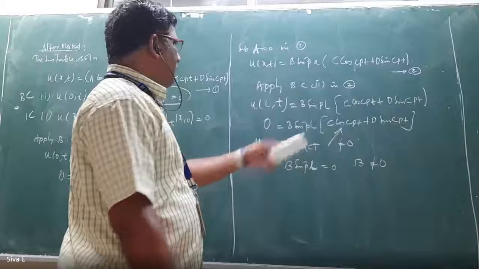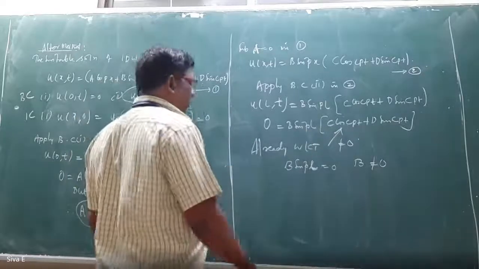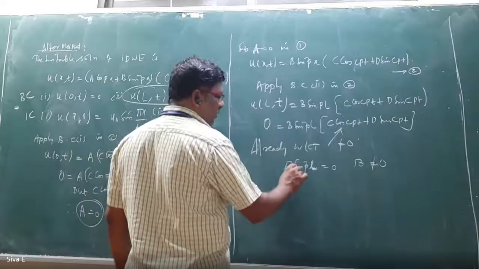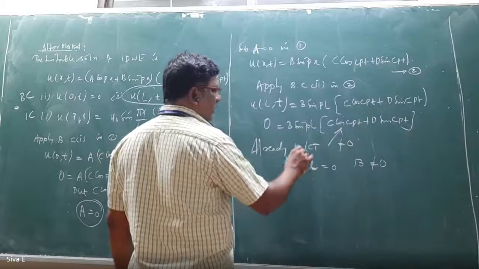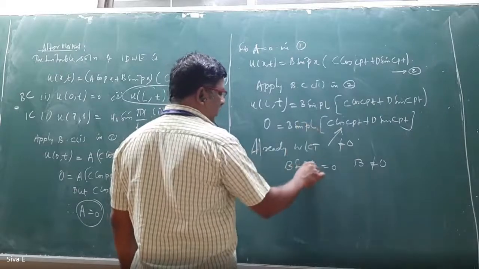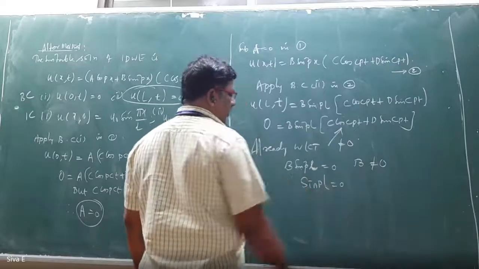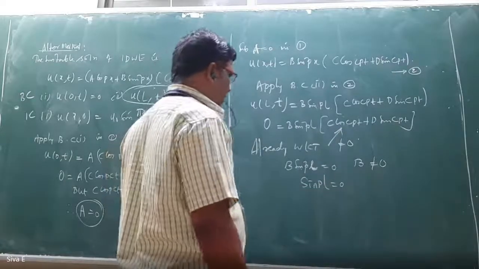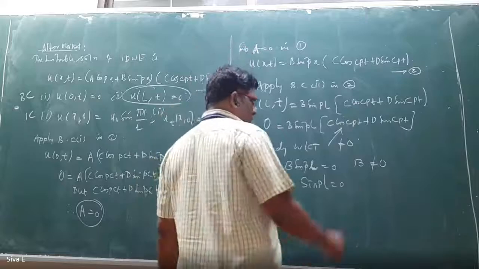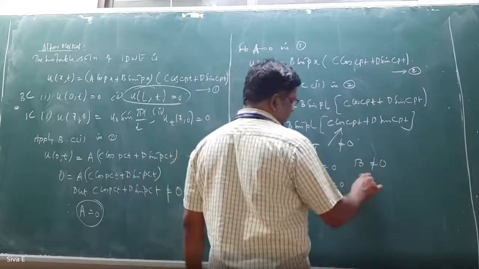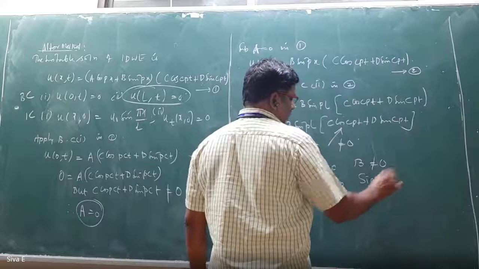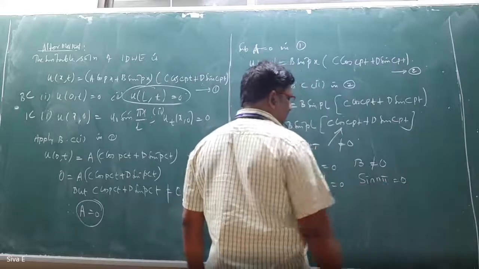Therefore, B is not equal to 0, so the remaining one is only sin pL. Sin pL equal to 0. What is the value of sin n pi?